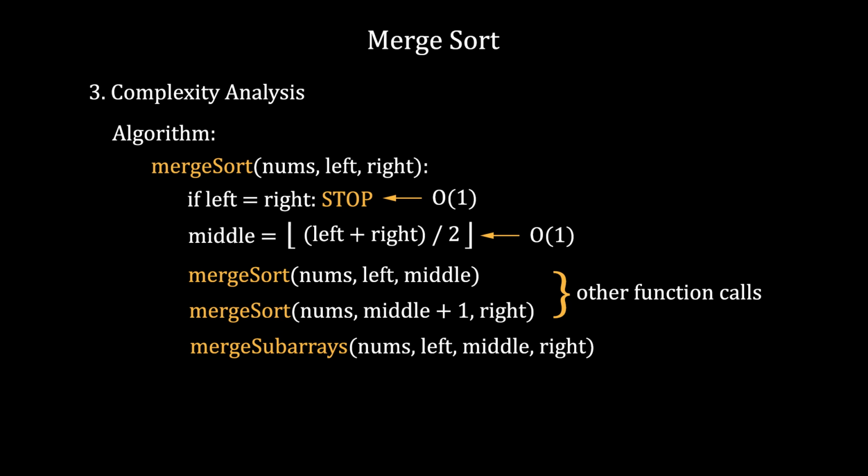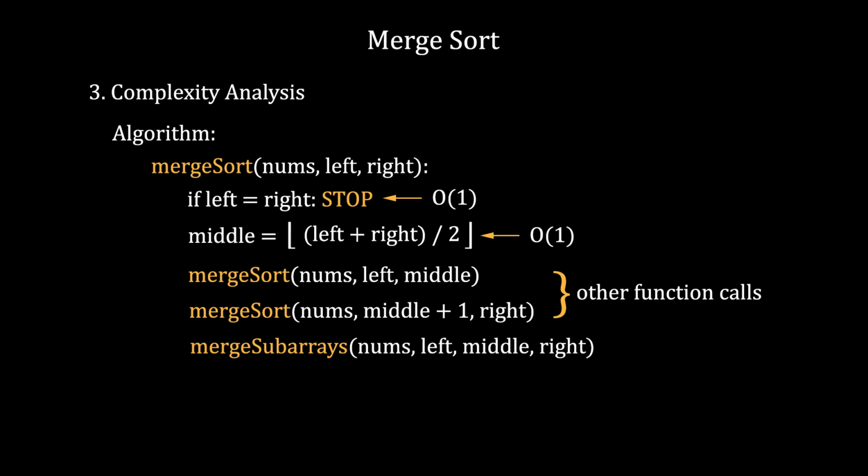And finally, we call the merge subarrays function, and we should remember that merging two sorted arrays of lengths n and m respectively takes a total time complexity of big O of n plus m. In our case, we are merging two subarrays which have lengths equal to middle minus left plus 1 and right minus middle respectively.